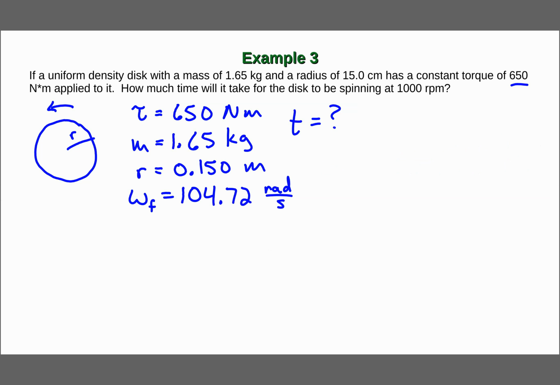Okay, and then what I want to use to solve this is that torque equals I alpha. Okay? They didn't really tell us what direction torque is. I just picked a direction it's spinning. Okay? And of course, whatever direction the torque is, that's what direction the angular acceleration is going to be. Okay?